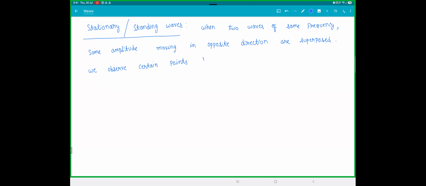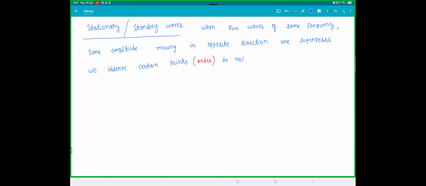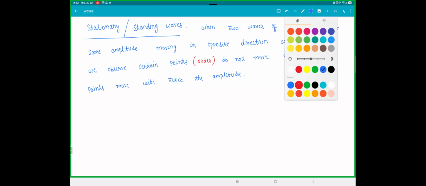We observe certain points. These are called nodes. They do not move. And certain points move with double the amplitude. This is an observation. These are called antinodes.